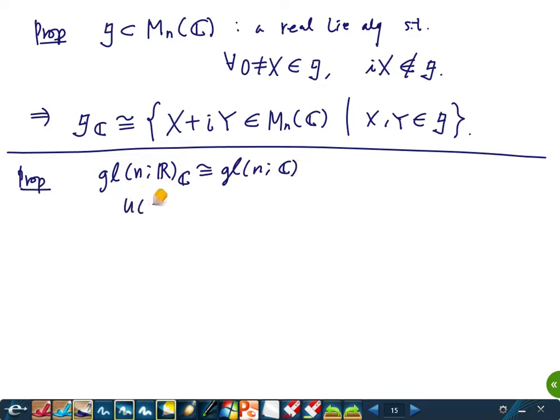And U(n) complexification is isomorphic to GL(n, C), and so on. There is a list of stuff like that. Notice that they are equal. But let's see a proof just to understand what this means. So let's prove this thing.